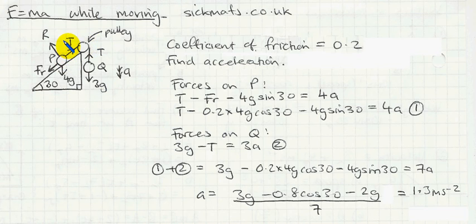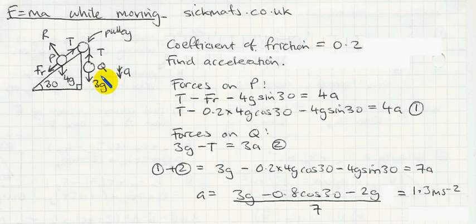Now the other interesting point is, how come tension is going that way and that way? Well, it's the same tension throughout the rope, and this tension over here represents the force from this object on this object, but whatever that force is, it has to be the same as this force, which is also pulling it as well.